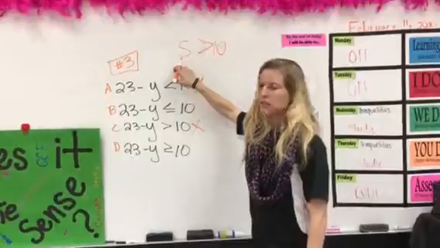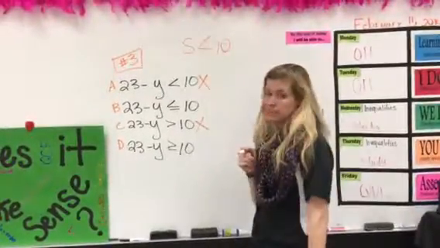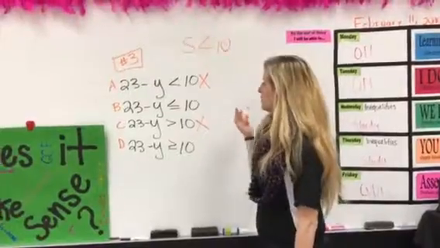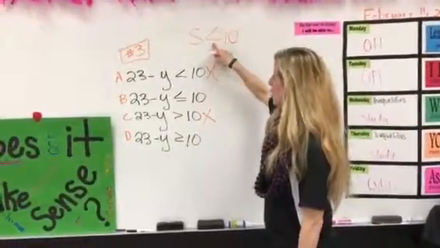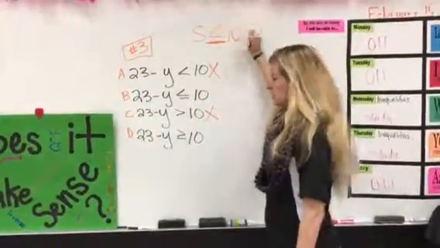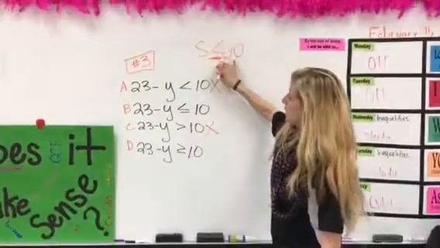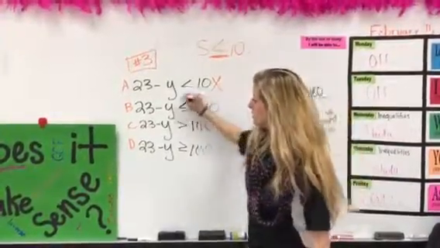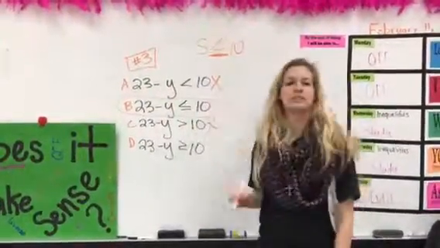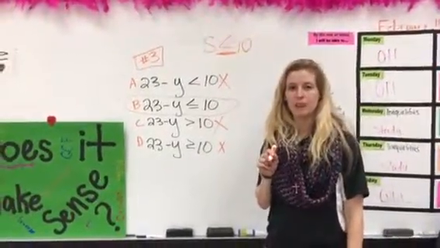That's the opposite. So if it's no more than, then we have to flip-flop this sign because we have to have less than. What would make less than? Well, we already said that it has to have that equal thing on the bottom because it can be 10. So what other one, and we've ruled these two out. Now we're looking at the less than, because we can't have more than or equal to. Okay, good luck.